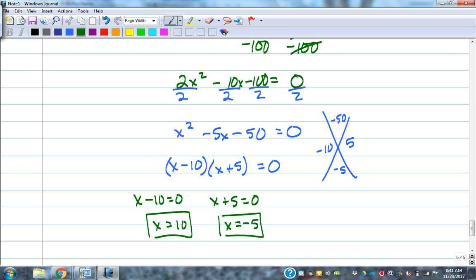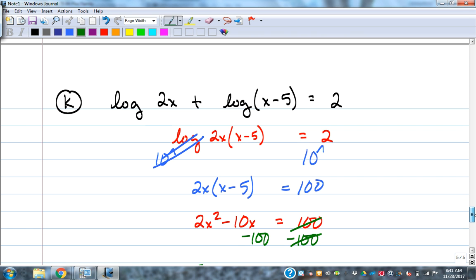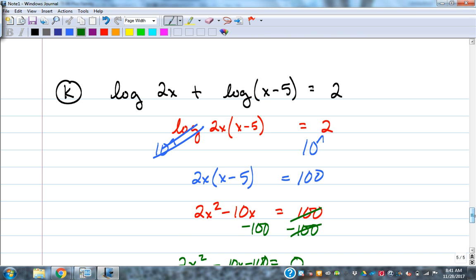Remember, though, you've got to go back and make sure you don't end up with a log of a 0 or a negative. If I plug 10 into either of those logs in the original problem, that's 20, and then 10 minus 5 is positive 5. So 10 checks. But if I plug negative 5 in, 2 times negative 5 is a negative number inside of a log. So that doesn't work. So you throw that answer out.